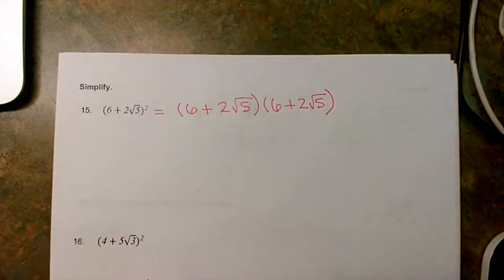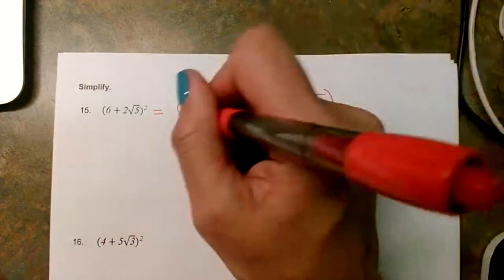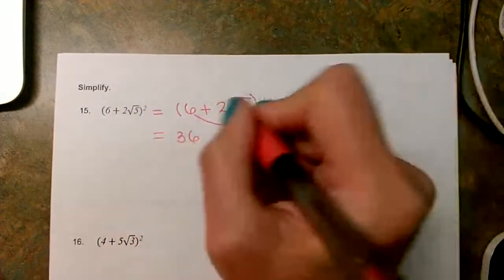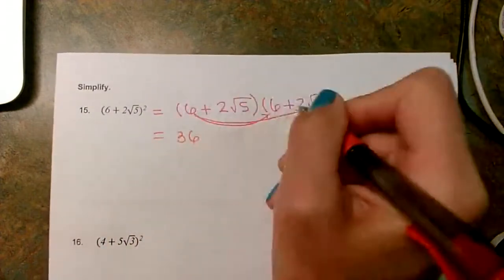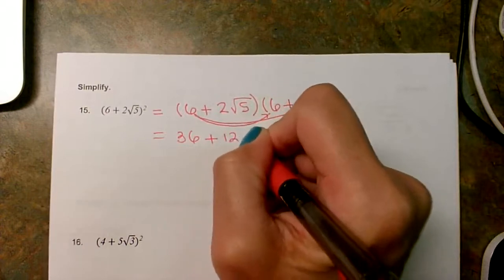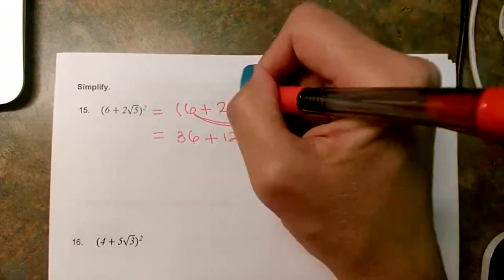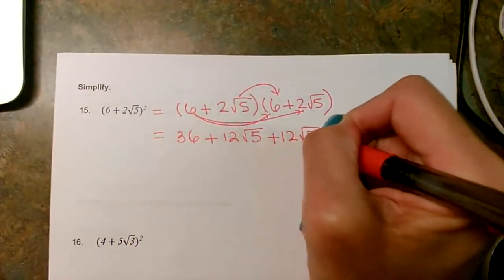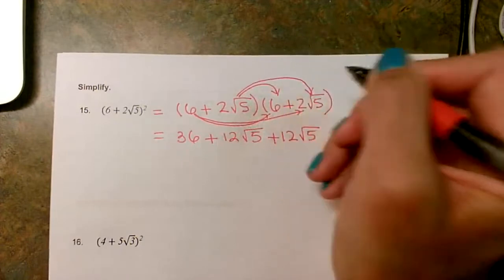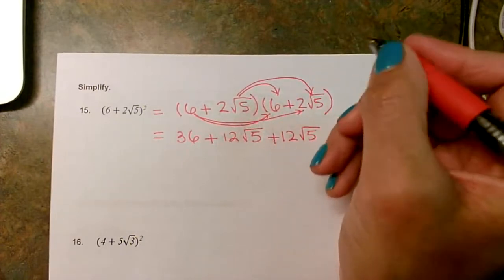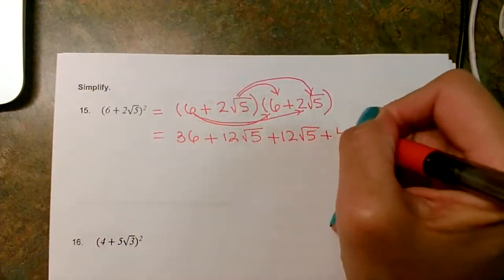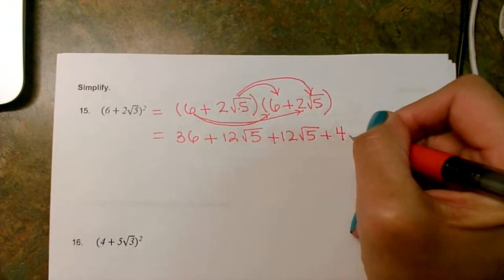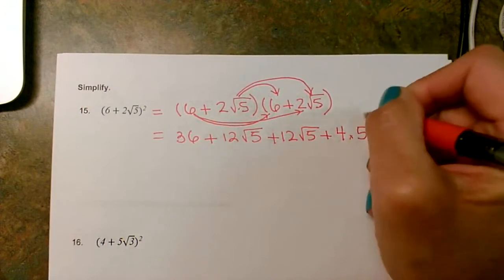It's 2 times that one. All right, so let's distribute this. This is going to be 36. 6 times 2 is going to be 12 square root of 5. This is going to be 12 square root of 5. And this is going to be 2 times 2 is 4. And a square root of 5 times a square root of 5, that's what? That's 5, okay?